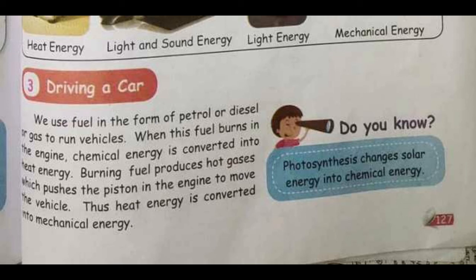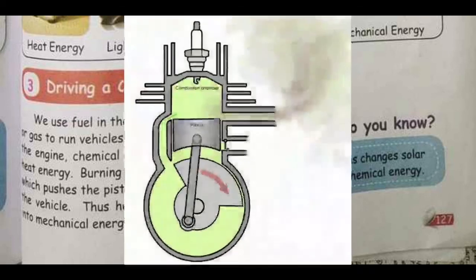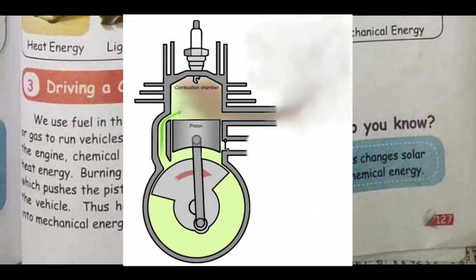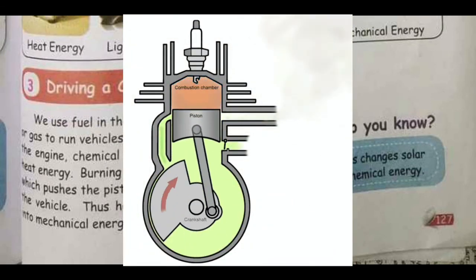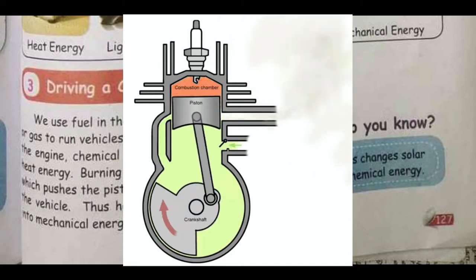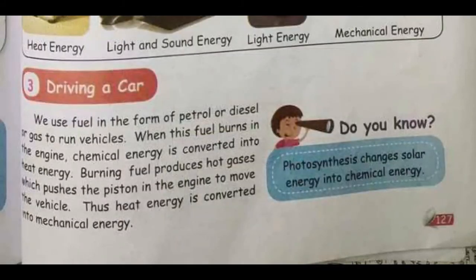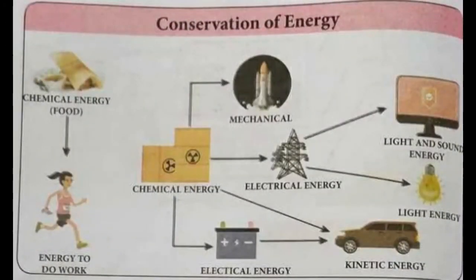So, burning fuel produces hot gases which push the piston in the engine to move the vehicle. Thus, heat energy is converted into mechanical energy. And during the process of photosynthesis in the tree, photosynthesis changes light energy into chemical energy.